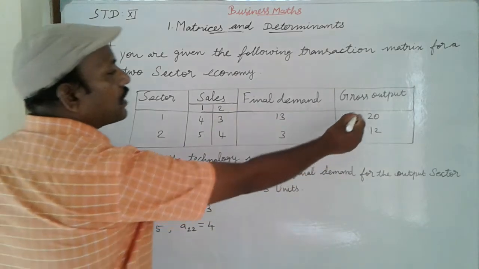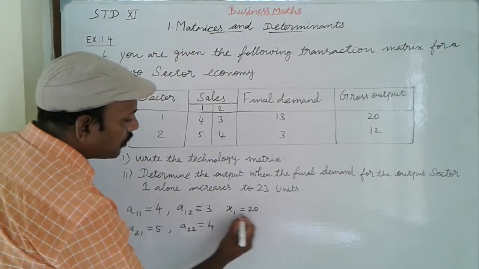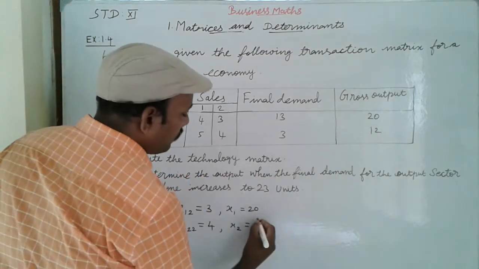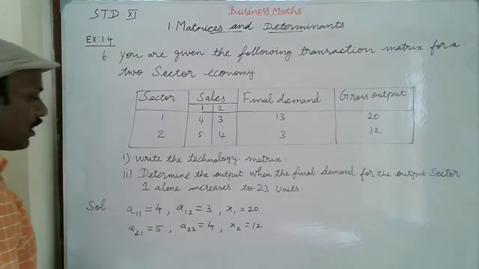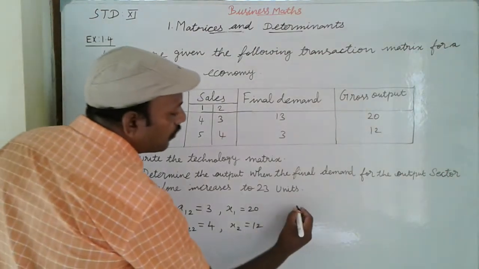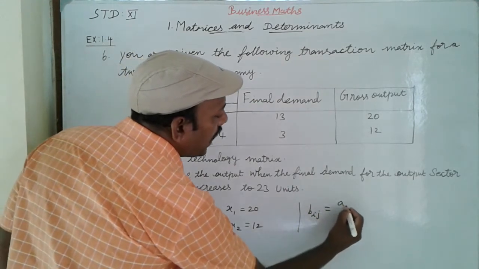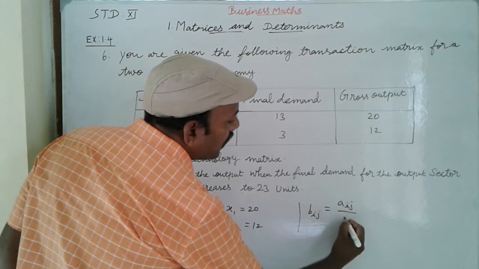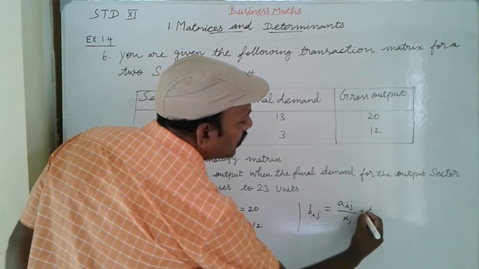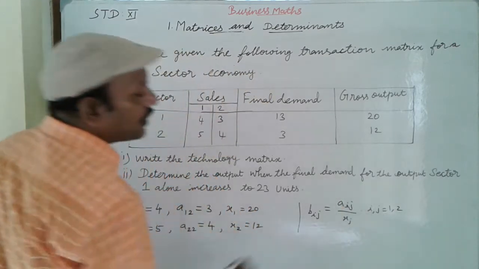Next row, x1 equal to 20, x2 equal to 12. So we should find out the technology matrix. We know that the formula is Bij equal to Aij divided by xj. Here i, j equal to 1, 2 we should take.